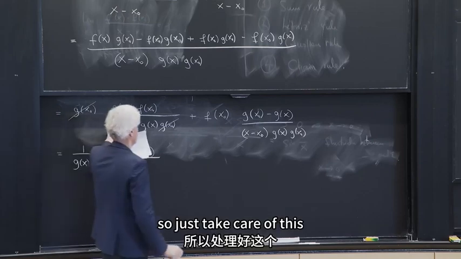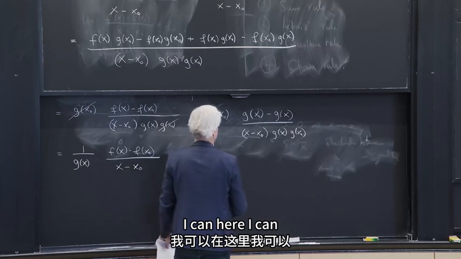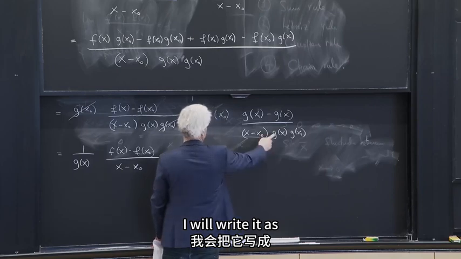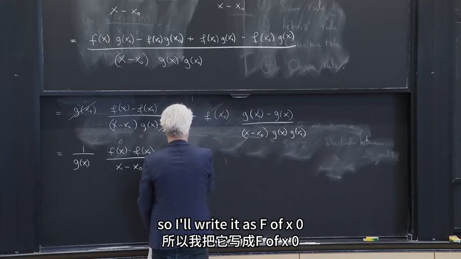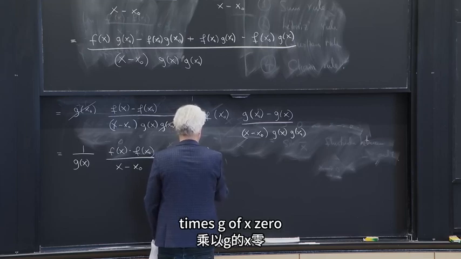So this takes care of this. Here I will take this one out, so I'll write it as f of x0 over g of x times g of x0.